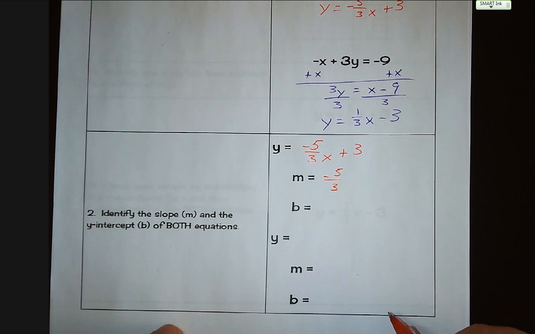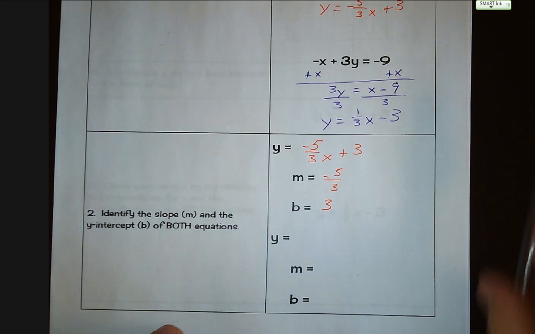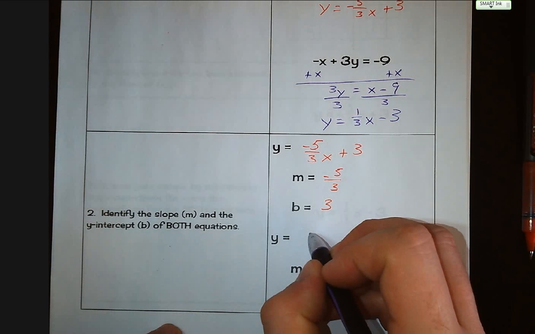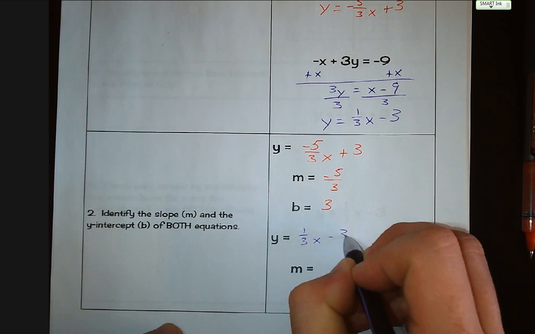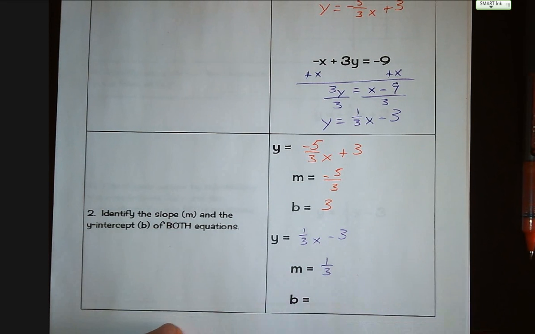Our y-intercept is a positive 3. Okay, so our equation for our second line is y equals 1/3 x minus 3. Slope is 1/3. And our y-intercept is negative 3. All right, so now we need to graph these two equations.